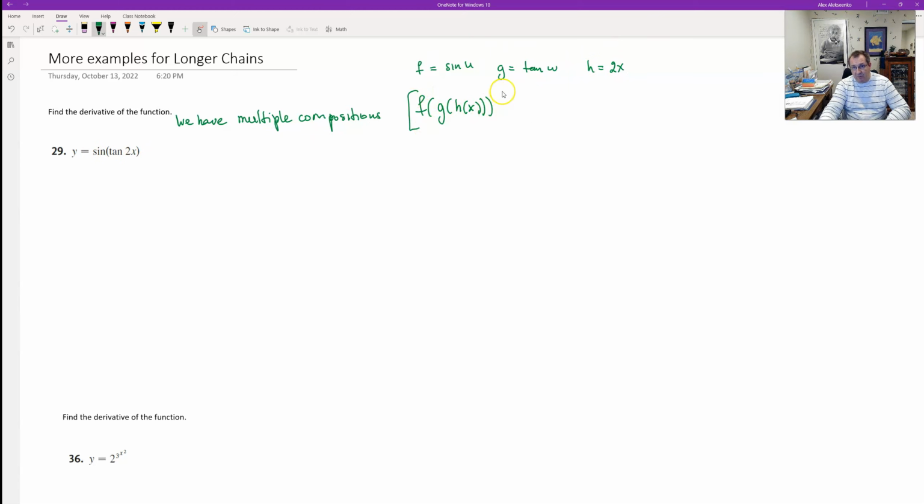So the way to apply the chain rule to multiple compositions is to do one chain rule at a time. So we apply the chain rule to the most outside function.